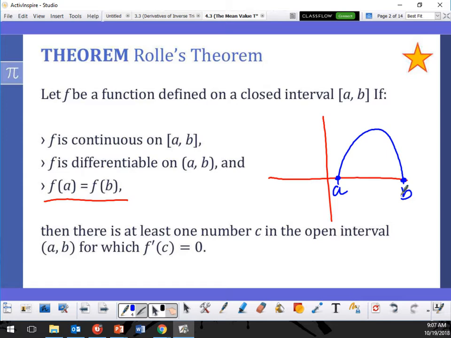It could be other things that are wonky on both sides, but A and B are both going to give you the same y value. In this case, the y value is 0. And that means that it has to be a change of direction over here where I have a slope of 0 somewhere in there. And there could be a possibility of more than 1 zero, but there should be at least 1 zero there.